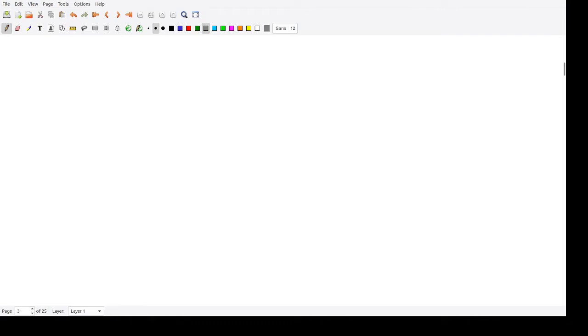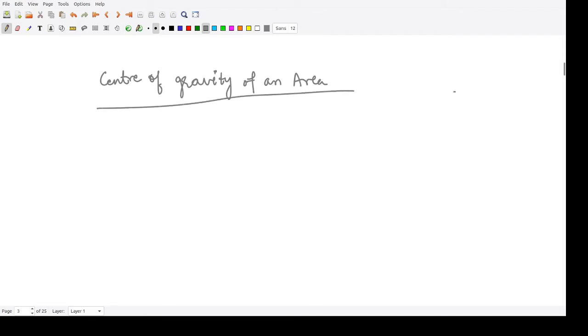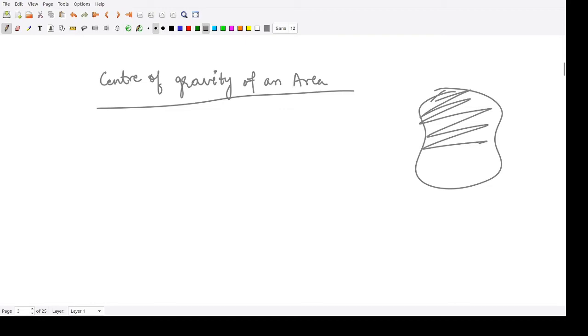this center of gravity for a particular area. So next we will calculate what is this center of gravity of an area. Now suppose you have this area, some curve is given to you and this is the area, right?